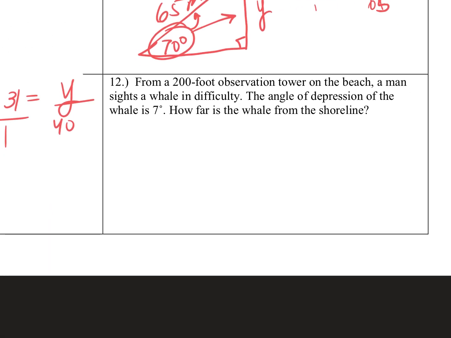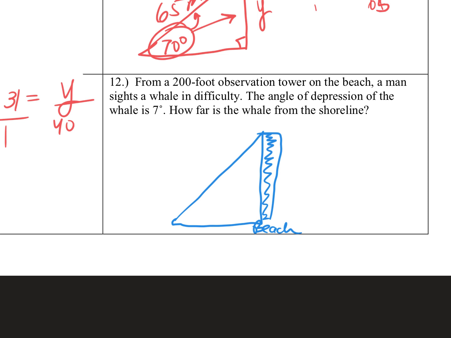Okay. Look at number 12. Again, we're talking about right triangles, so I'm going to draw one. It says from a 200-foot observation tower on the beach. Okay, so we're on the beach here. Here's the beach. A tower of some sort, an observation tower. A man sights a whale in difficulty.